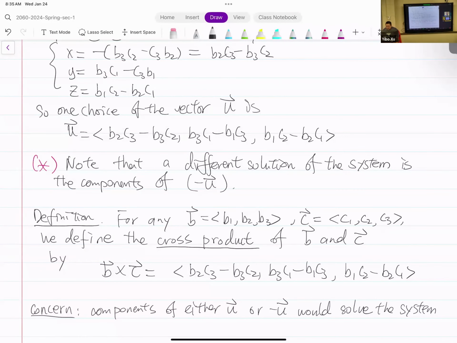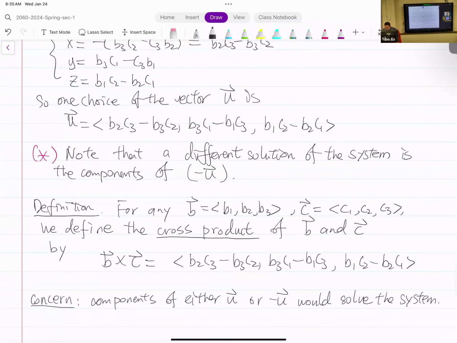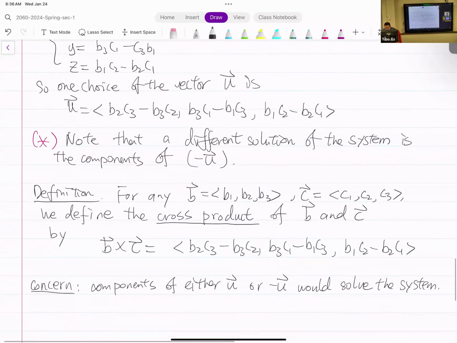If you think about the system once again, it just has two requirements. One, the vector that you want, this vector u, has to be perpendicular to the plane that you start with, so u has to be perpendicular to B and C. And two, u has to have a magnitude which is the area of the parallelogram formed by B and C, right? But there are two possible directions. So we chose one, but how do we determine that from the geometric perspective? That's the question.